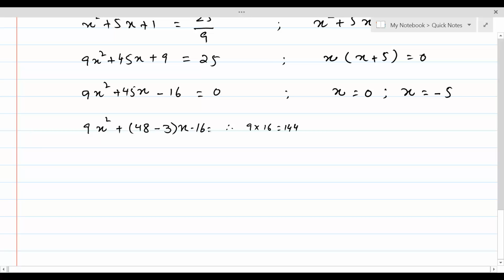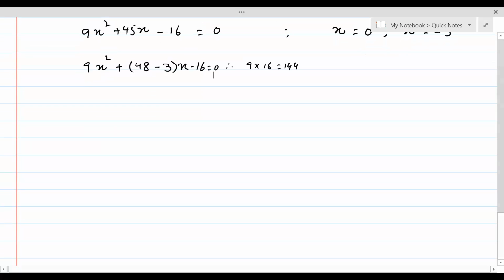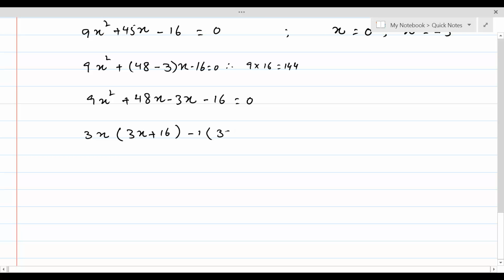Taking 3x common will give us 3x plus 16, and minus 1 common will give us 3x plus 16 again.